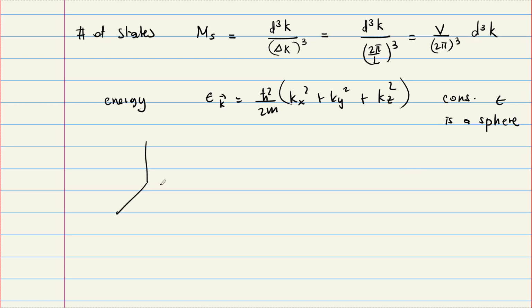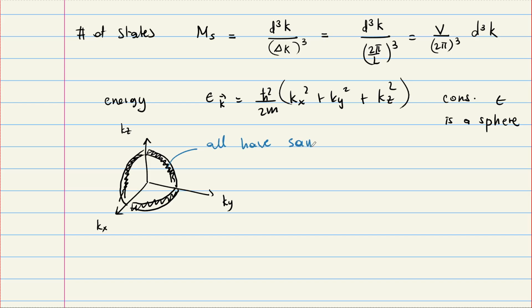Typically, we show it like this: there are kx, ky, kz axes, and there's a thin shell, and in this thin shell all states have the same energy.